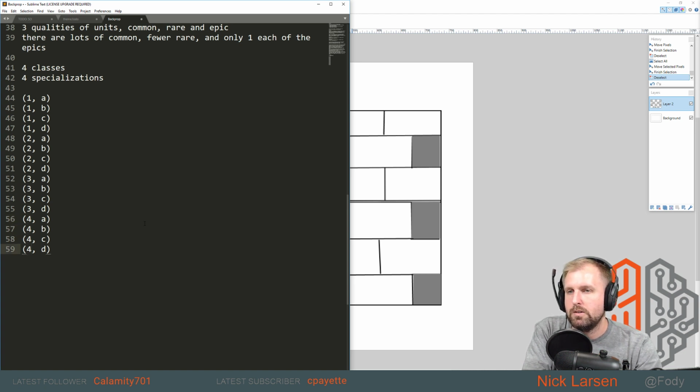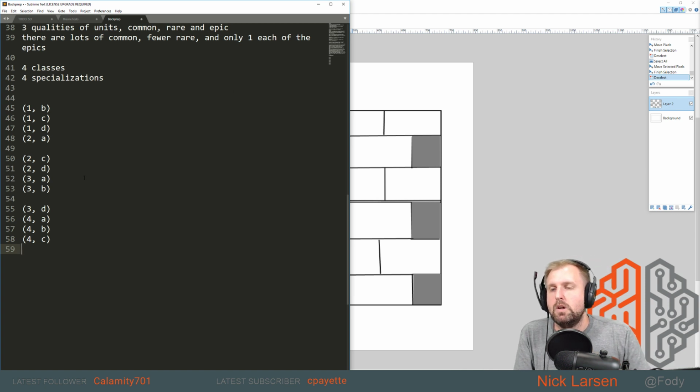Now, if you want to make it so that you can never, with any combination of 4, you just get rid of 1A. You get rid of 2B. You get rid of 3C. And you get rid of 4D. Right? So now what you have is... Actually, this is probably the way to go about it.